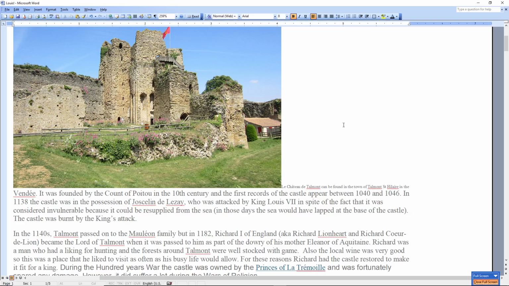One of the reasons why is because it says right here down below that the castle was considered invulnerable because it could be resupplied from the sea. And in those days, the sea would have lapped up against the base of the castle.